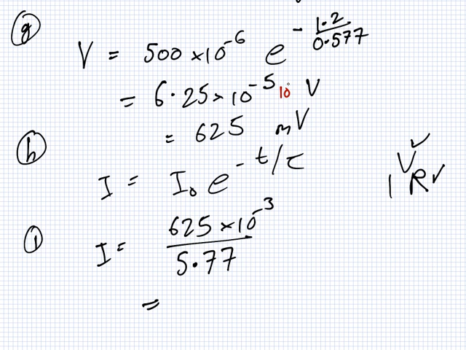I multiplied this by 10 to the minus 2 and multiplied this by 10 to the 2. No. Yeah, dang. It should be 10 to the minus 1 here and 10 to the 1. 62.5 and not milli, micro.